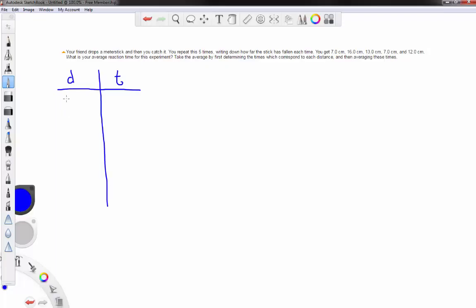Actually, instead of doing it like this, let's create 2 distance columns. One will be the distances as shown here, that is in centimeters. One can be the distance in meters, and one can be the time in seconds.